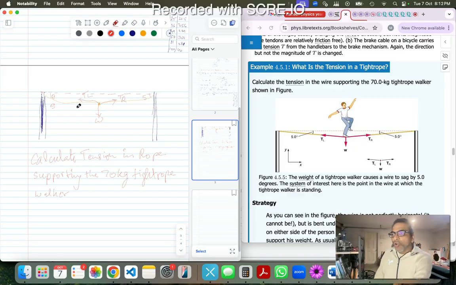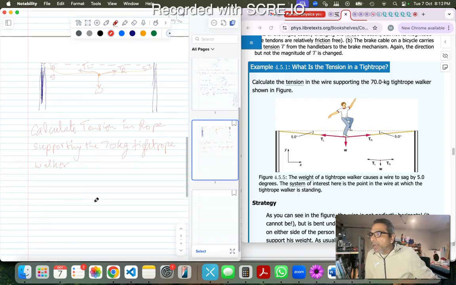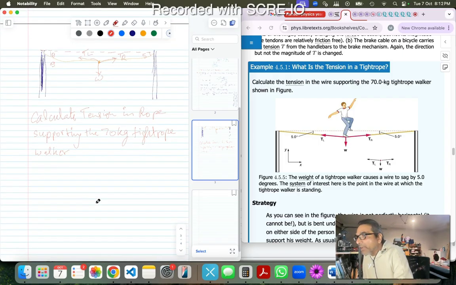Interestingly, they have just drawn the diagram, and they haven't given much information regarding that. We are just assuming, according to the diagram which is given.